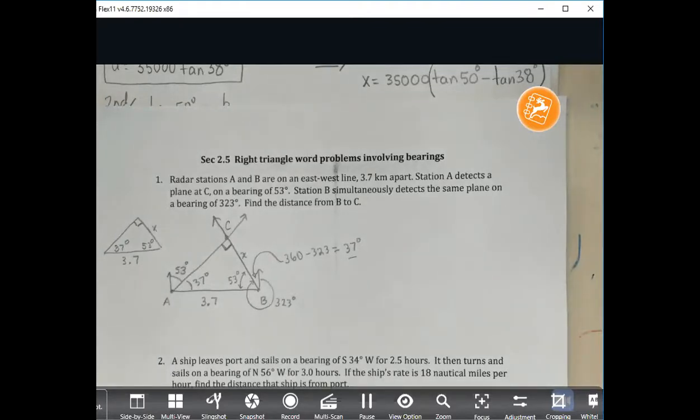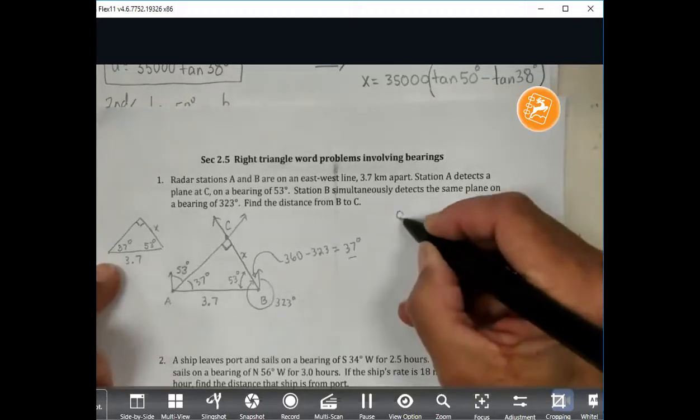Then you have your choice of which trig function you want to use, because the 3.7 is the hypotenuse. It's the side opposite the right angle. So if you want to use, for instance, the 37-degree angle, which trig function would you use? Sine of the 37-degree angle is opposite over hypotenuse, so I can use that.